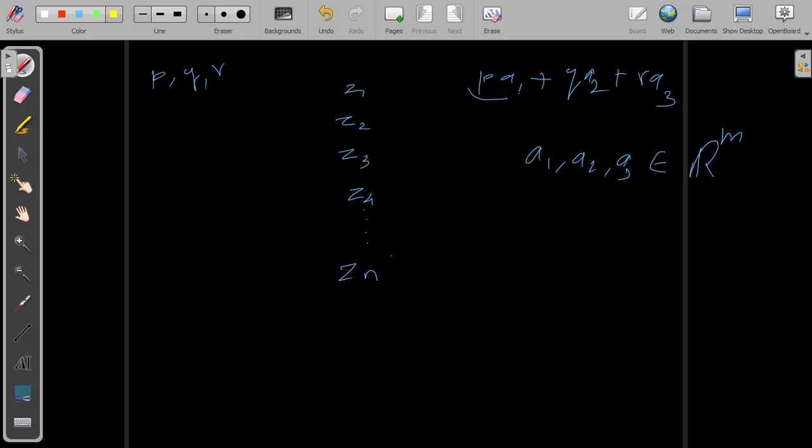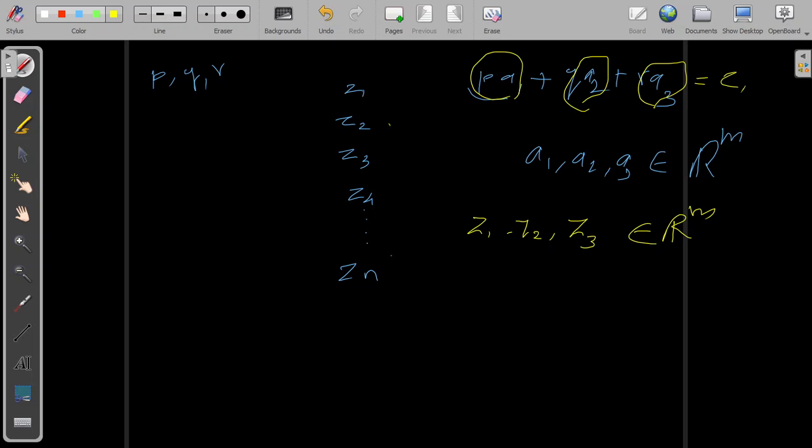A scalar number into a vector will be a vector, and here also we will get a vector. If you add all the vectors, then you will get another vector, that is Z1, or Z2, Z3, Z4, etc. So what will be the nature of Z1, Z2, Z3? Z1, Z2, Z3 will belong to Rm, right or not? Yes.